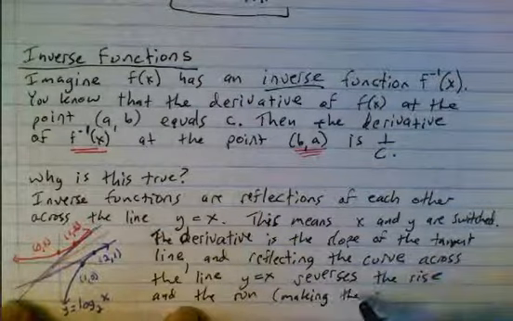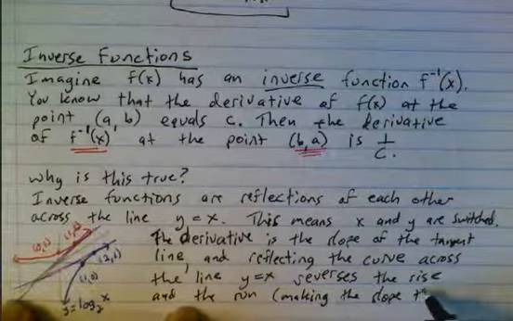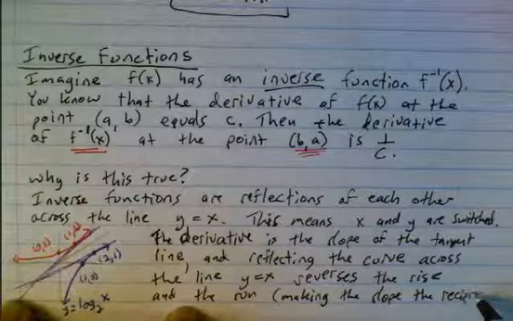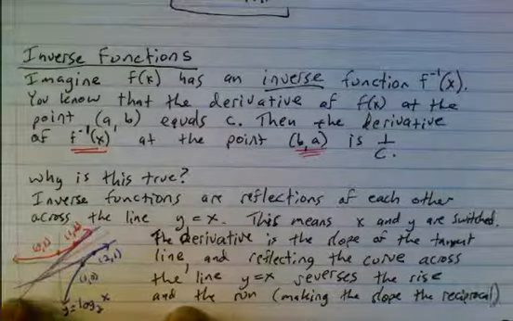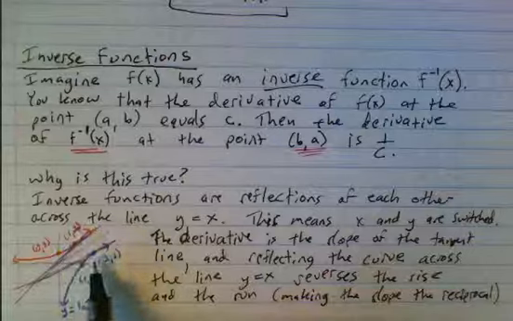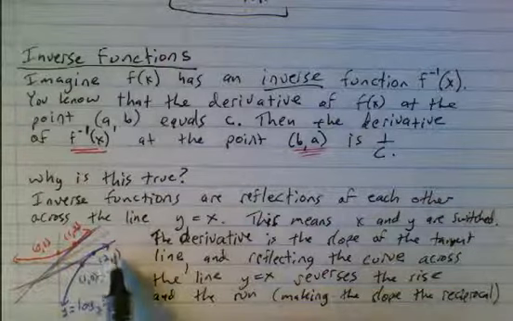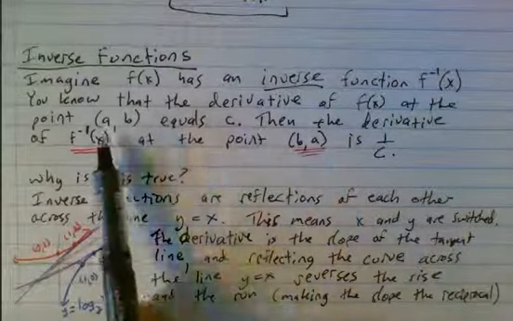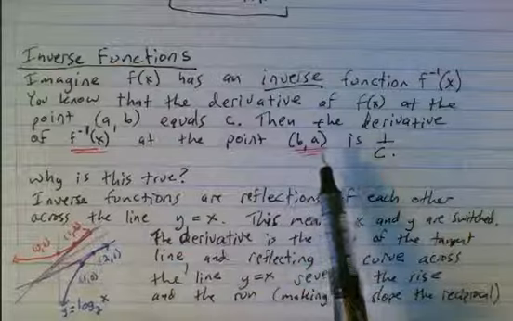That makes the slope the reciprocal. Also notice that here (1, 2) corresponds to (2, 1). That's why we have the AB versus the BA.